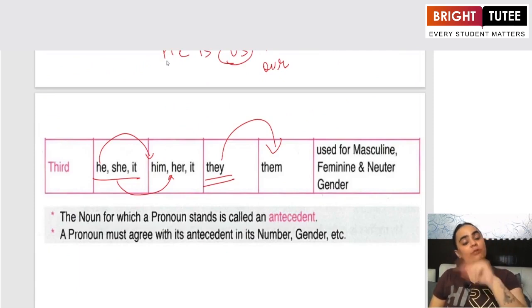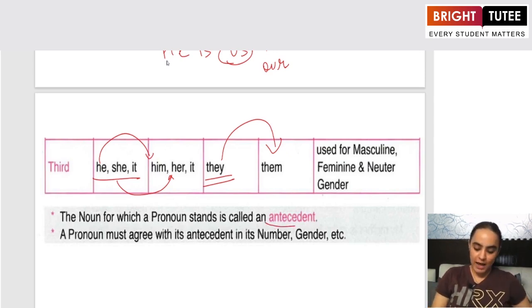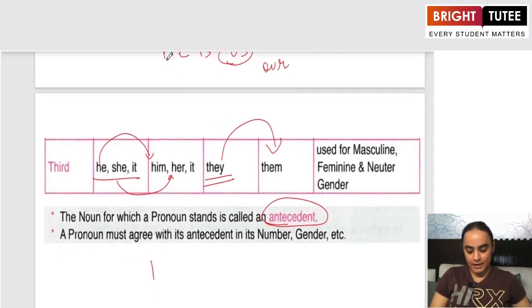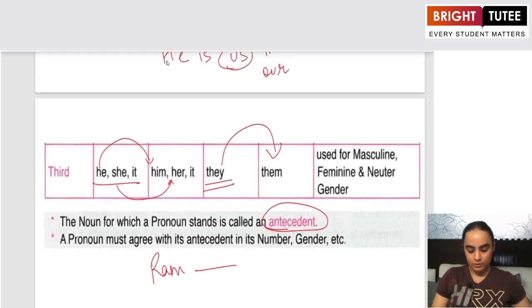which the pronoun is representing, or the noun which the pronoun is replacing, is known as an antecedent. If I'm replacing he with Ram, so Ram is the antecedent. If I'm replacing Reena with she, Reena is the antecedent.